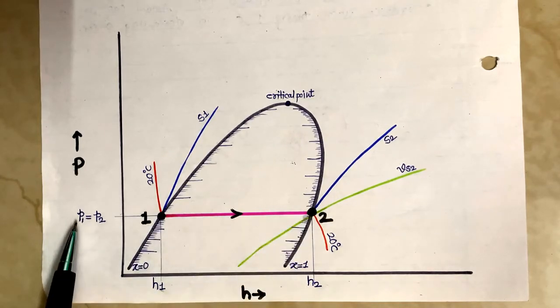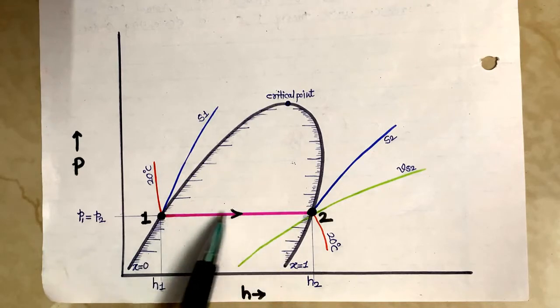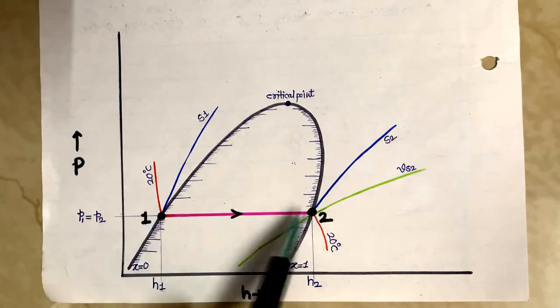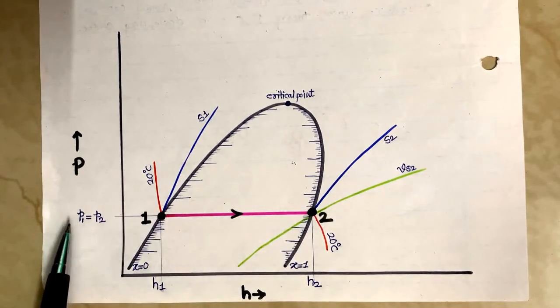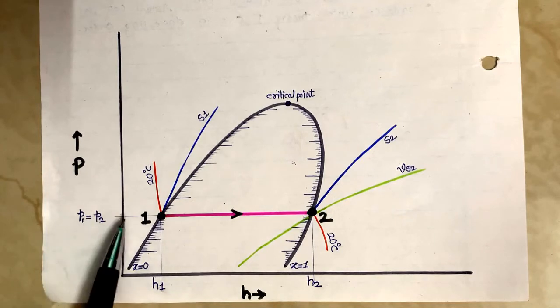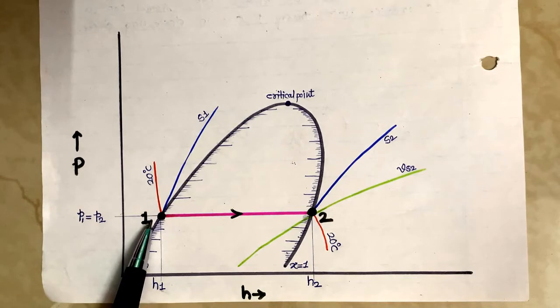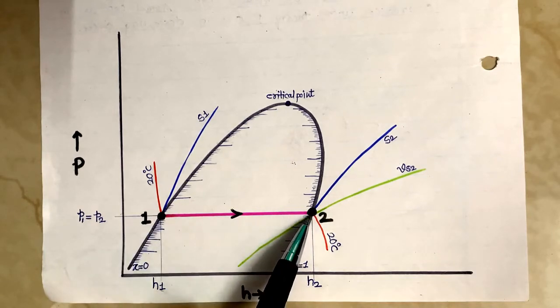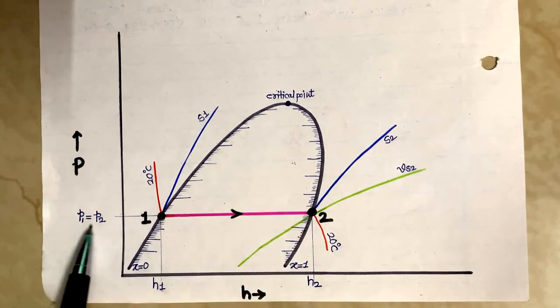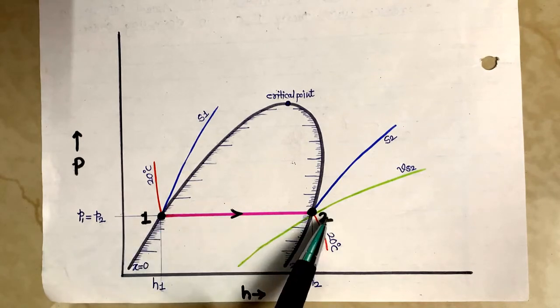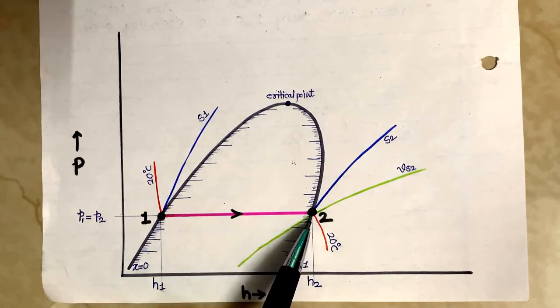When I extend the process 1 to 2 toward the pressure reading, I observe that P1, the pressure at point 1, equals the pressure at point 2. So if the pressure is equal, it means the 1 to 2 process is a constant pressure process.